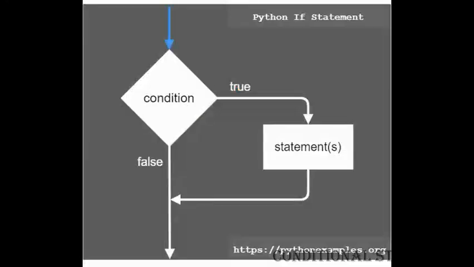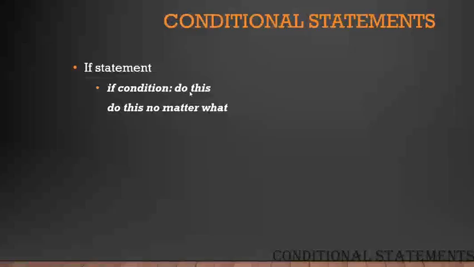If the condition is false, the do this will be completely ignored. It won't even be executed. Regardless of the condition, the next line, do this no matter what, will be executed after the if condition.